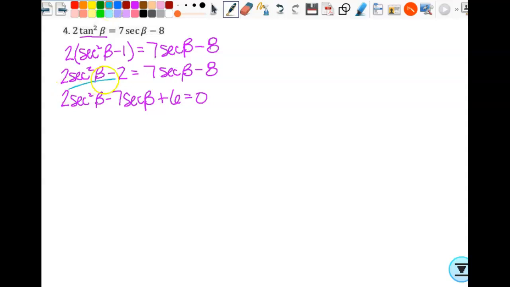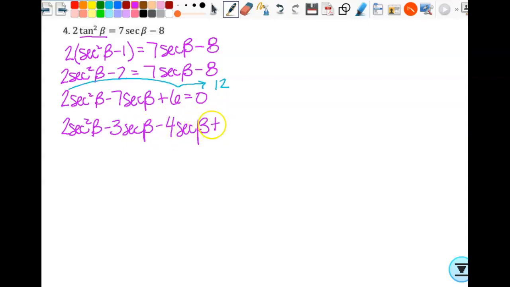So I'm going to do 2 times 6. That gives me 12. So I need 2 numbers that multiply to give me 12, combine to give me a negative 7. Negative 3 and negative 4. Good. So that gives me 2 secant squared beta minus 3 secant beta minus 4 secant beta plus 6 equals 0.